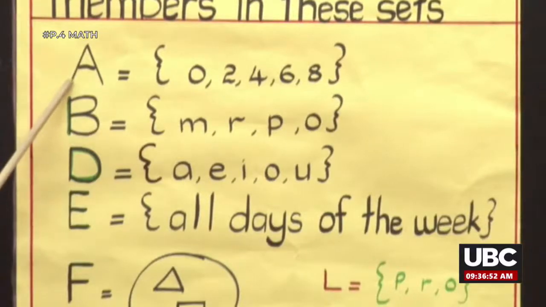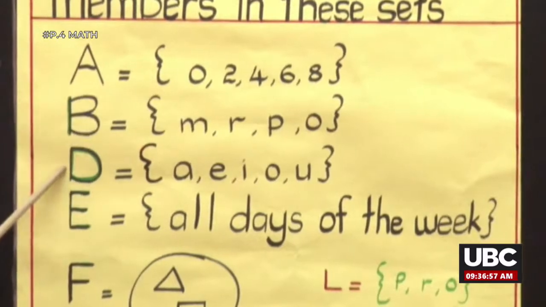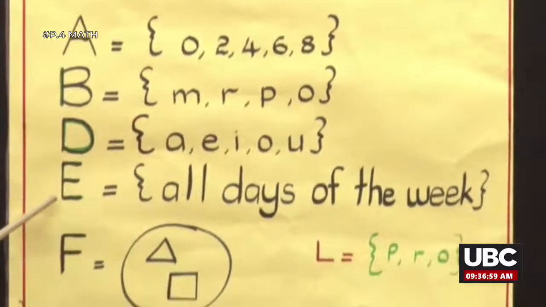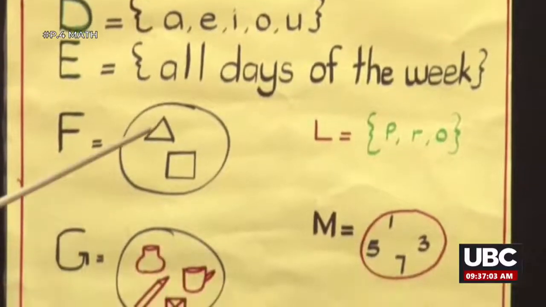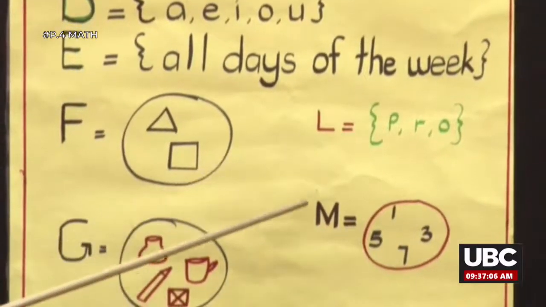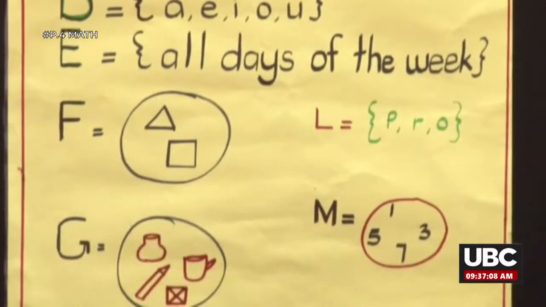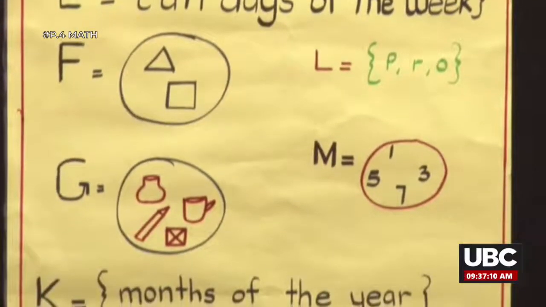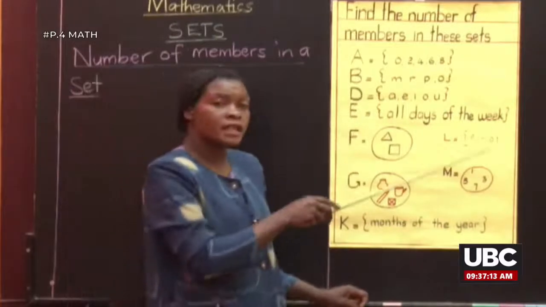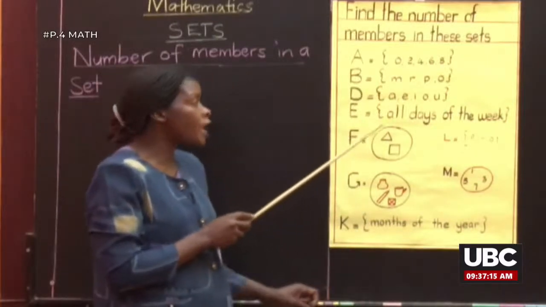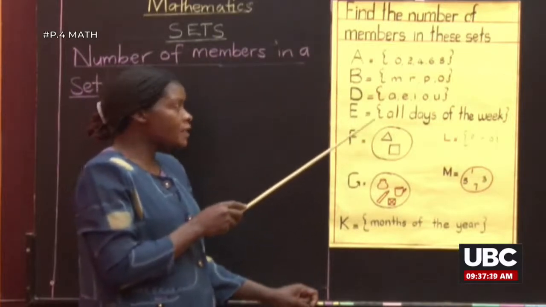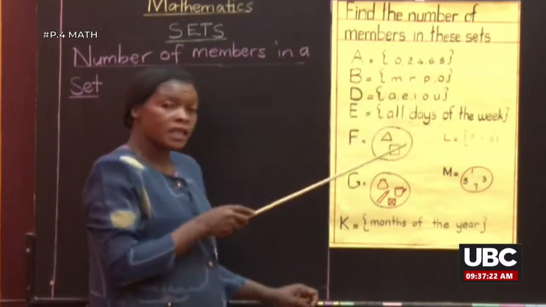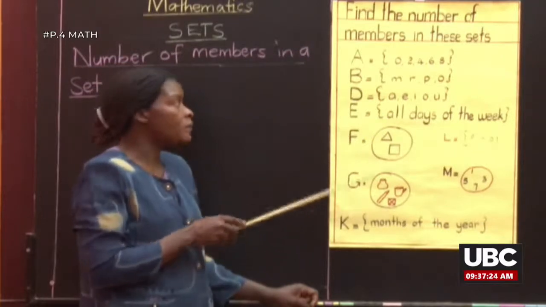For example, we have set A, set B, set D, set E, set F, set G, set L, M, and lastly set K. All these sets on our chart are given different names, but the members are not necessarily the same.